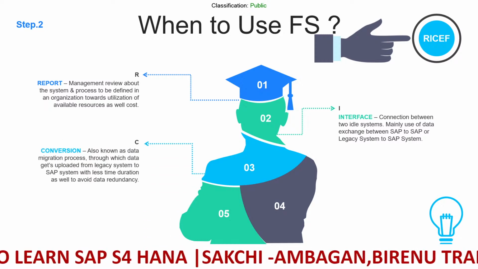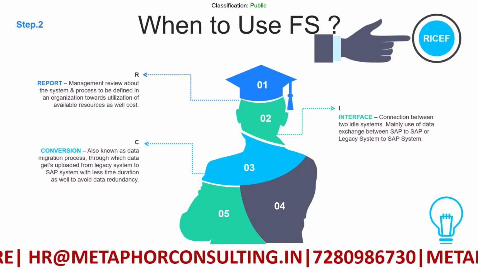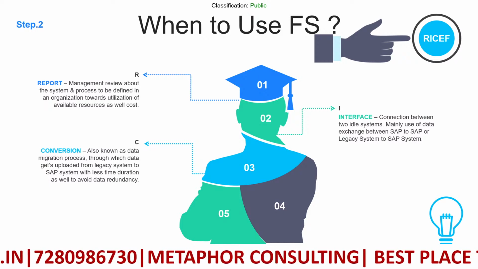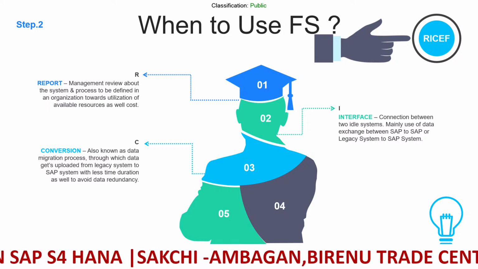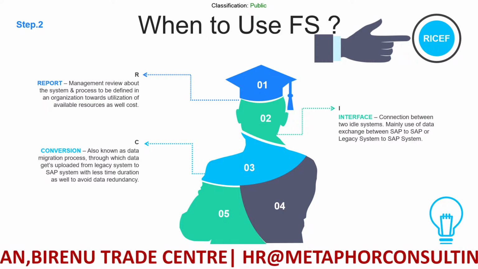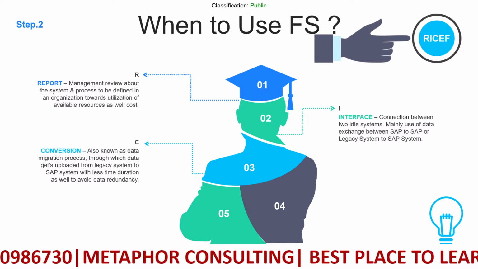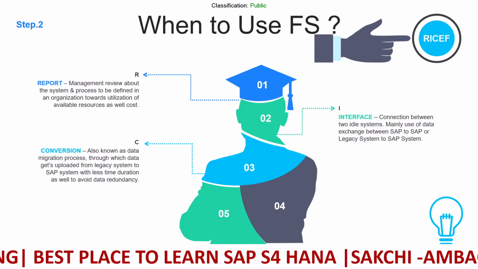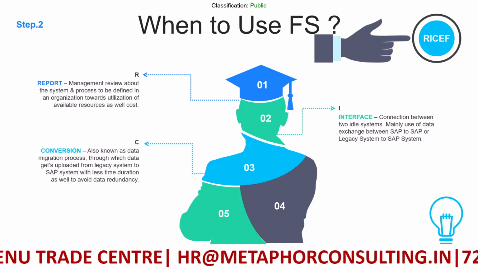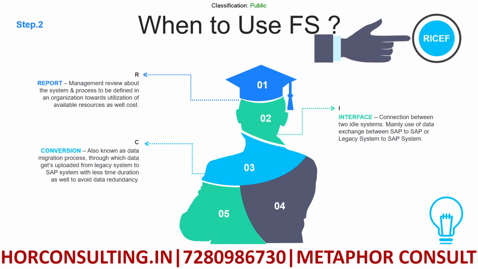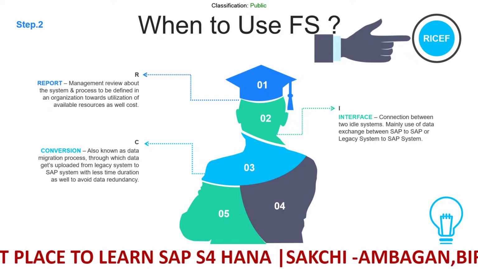C means conversion. Let's suppose you don't have any SAP system so far in your organization and you're using some legacy systems or other systems, such as Tally or some other applications, and from those systems you are moving your data to the SAP system. Once SAP goes live for the first time, the system will be entirely blank.